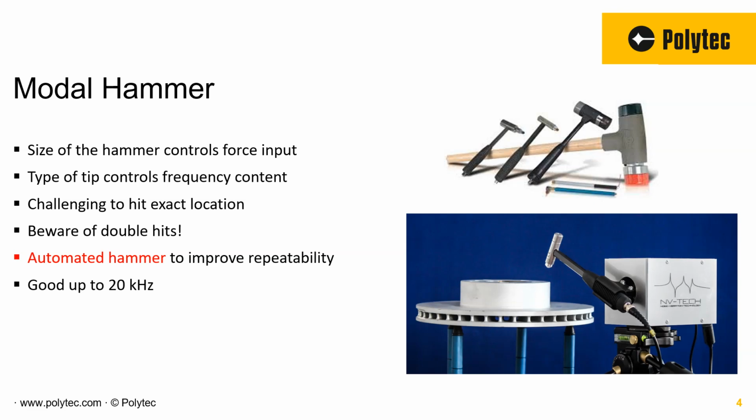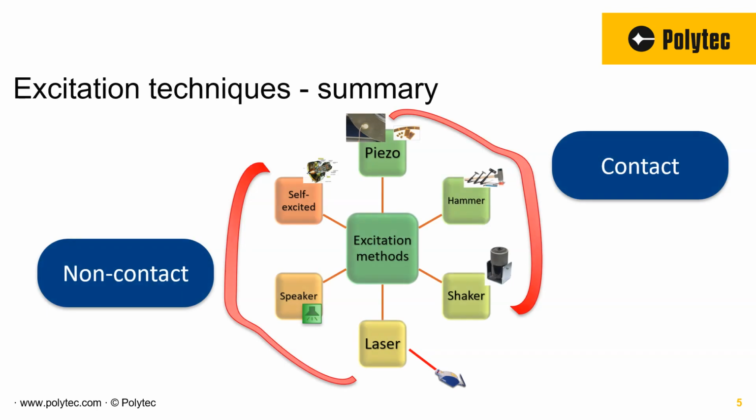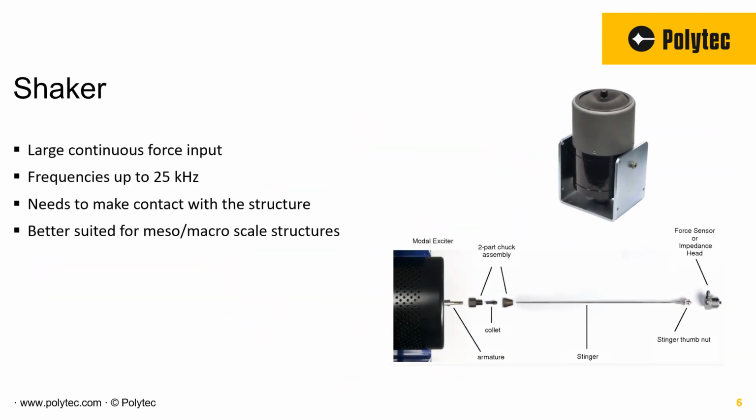The specs are up to 20 kilohertz, but there are some measurements with smaller hammers that go all the way to 40 kilohertz with a modal hammer. So that's the quick one on the hammers. Another very popular and widely used is a modal shaker, an electrodynamic shaker. This is good when you need continuous excitation, so periodic chirp or white noise, burst random, those kinds of excitations.